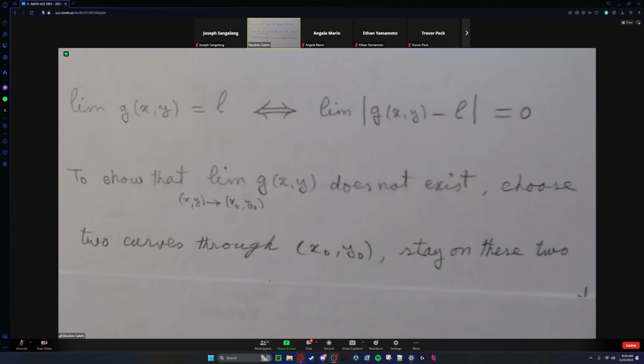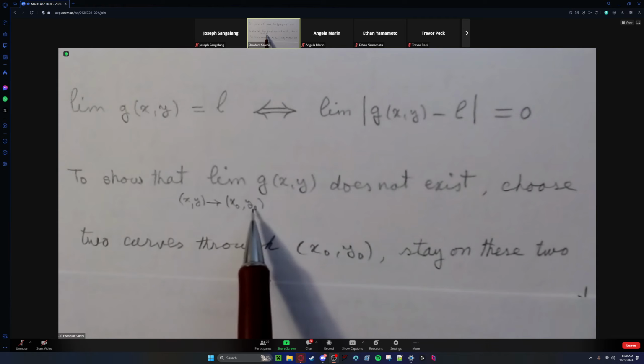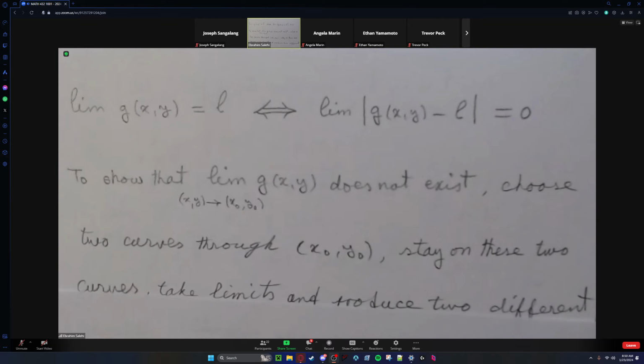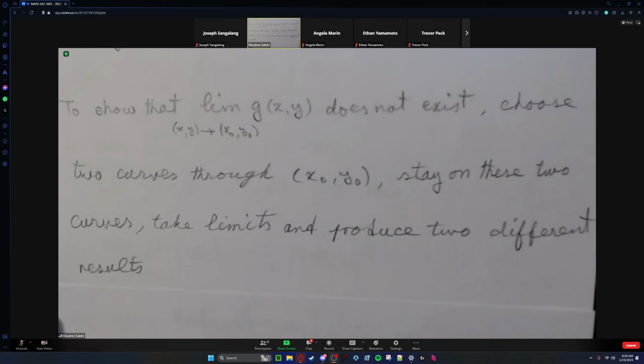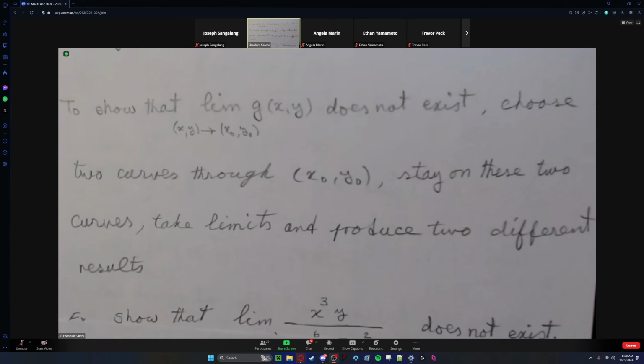We choose two curves that are going through this point, and we will stay on those two curves, and we will take the limit. And we will produce two different results, okay? Two different results.